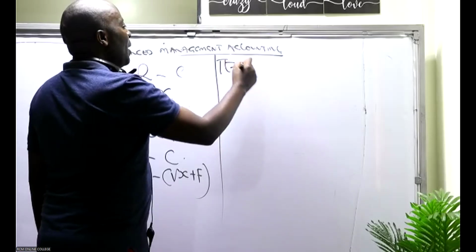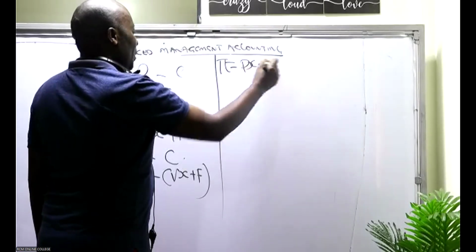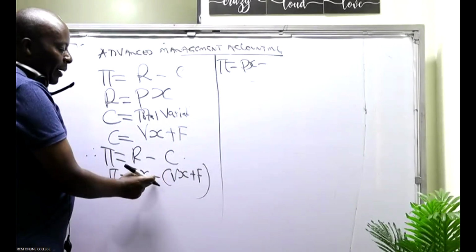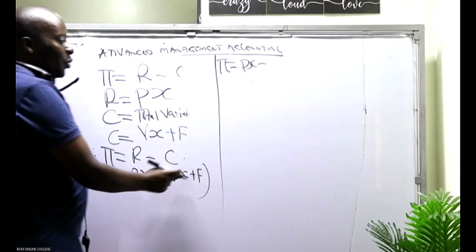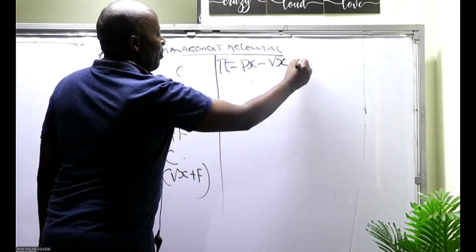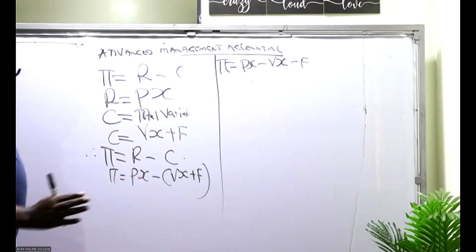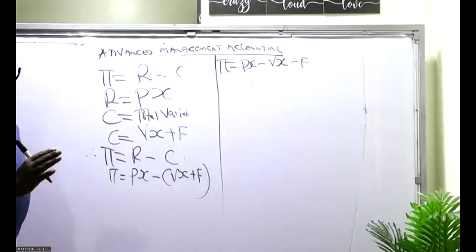Our pi will be equal to Px minus, I'm opening brackets. Remember, this is a positive. Now it will be minus Vx minus F. The minus here will destroy everything inside there. All the signs inside there will change.